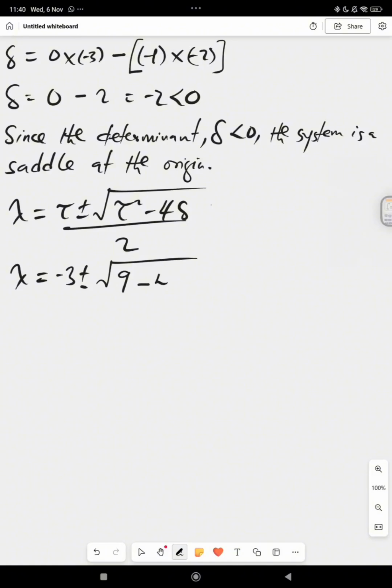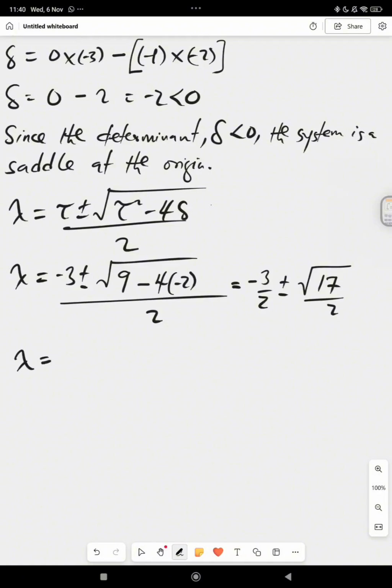So this is going to give us 4 times minus 2, all divided by 2. This is going to be equal to minus 3 over 2 plus or minus the square root of 9 plus 8, which gives us 17, over 2.